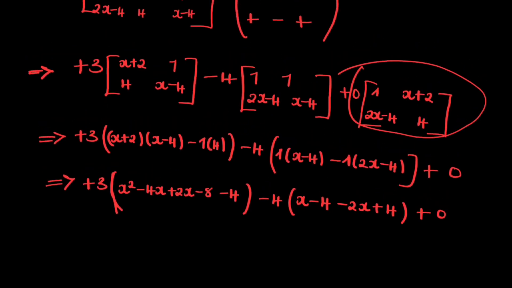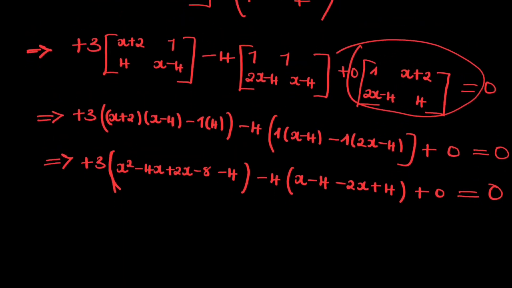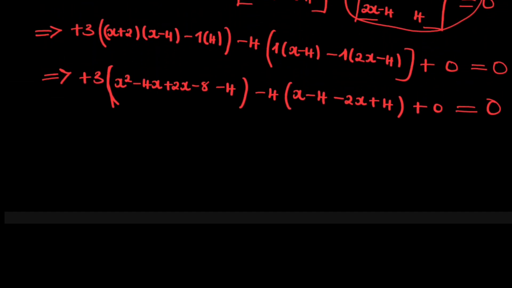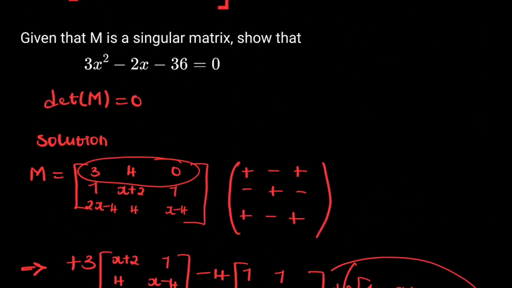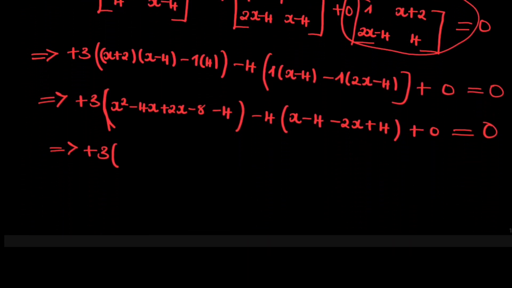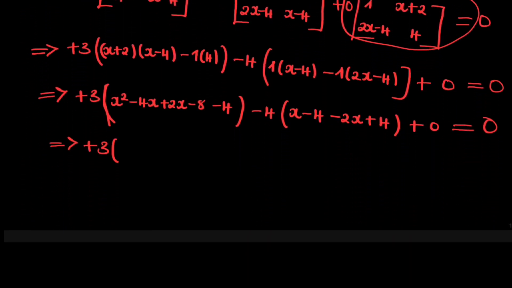So since we had that the determinant is equal to 0, we equate this to 0. So let's continue simplifying. We have to simplify till we end up with 3x squared minus 2x minus 36 equal to 0. So let's take note.